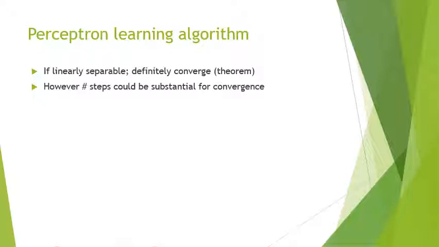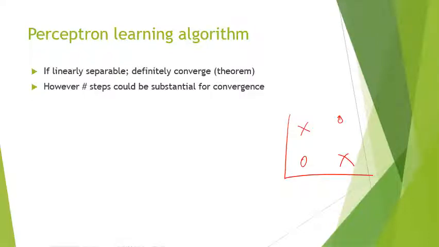If it is not linearly separable, my algorithm will never converge and it keeps on updating. For example, right now, let's say I have two samples like this and two samples like this, right? Now I need to find a binary classifier, a perceptron classifier, which can help me find a linear decision boundary.